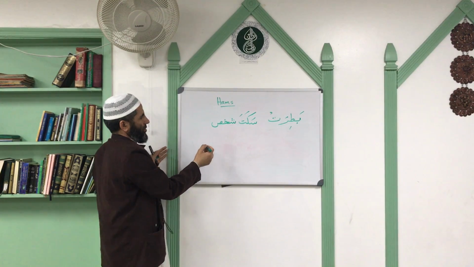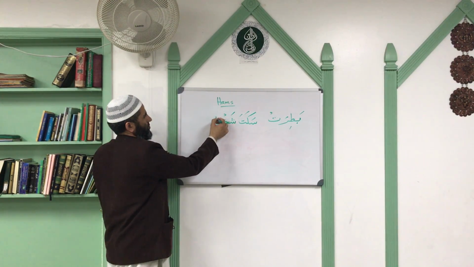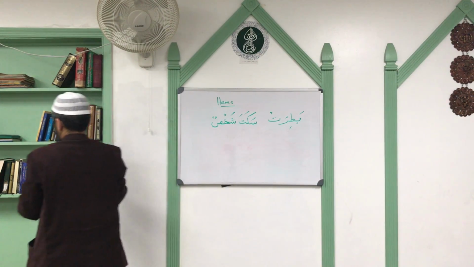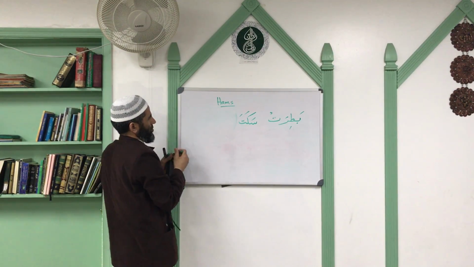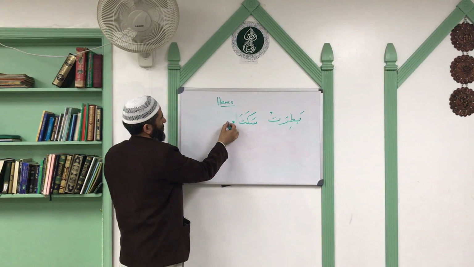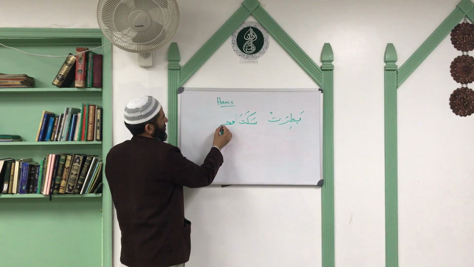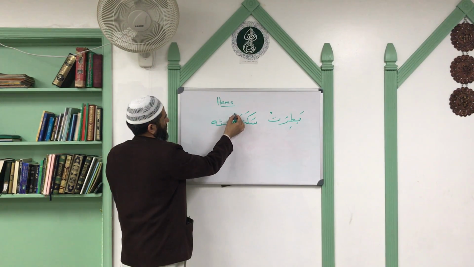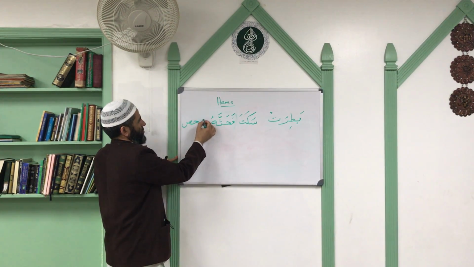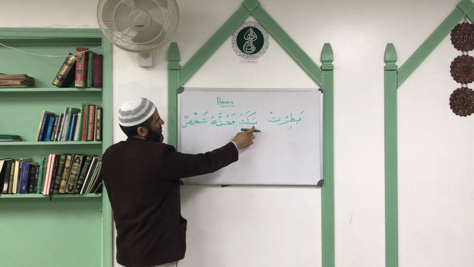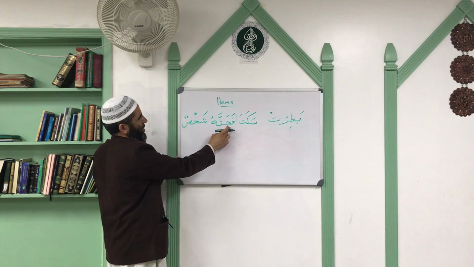This way you can remember. Sakata shakhsun. Sakata fahathahu. Shakhsun. So we have Sin, Kaf, Ta, Fa, Ha, Tha.